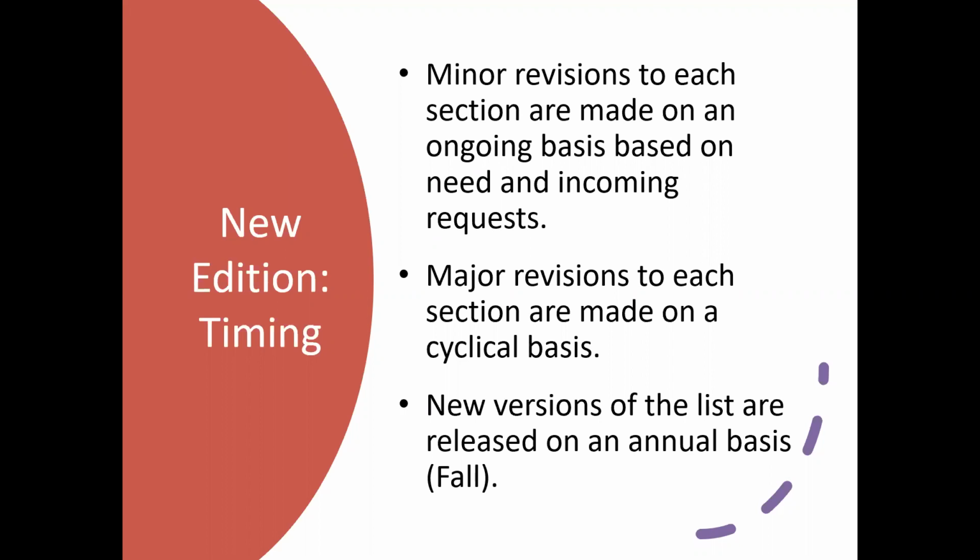So we may say, oh, computers, which is an ever-changing section, hasn't been touched in 5 years, maybe we need to look at that. Or medicine, which changes less often, we might look at every 10 years or something like that. But we try to at least go over sections that we haven't looked at in a long time, even if we make no changes to them, at least review them.